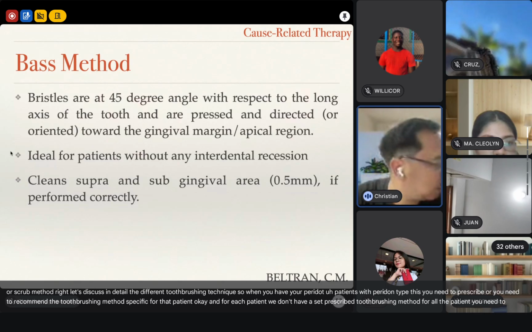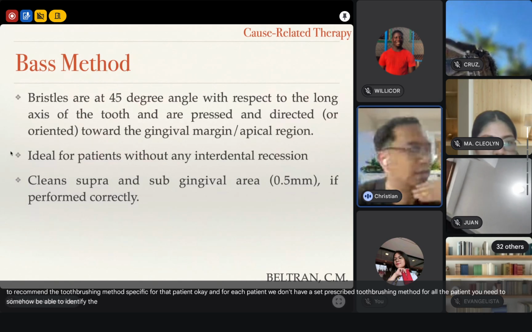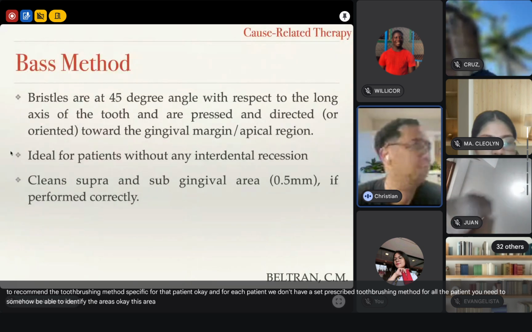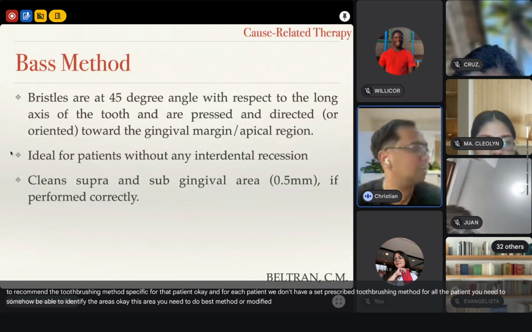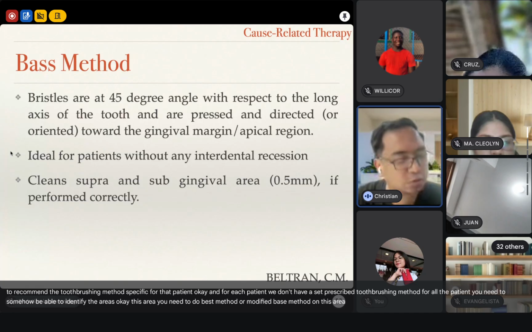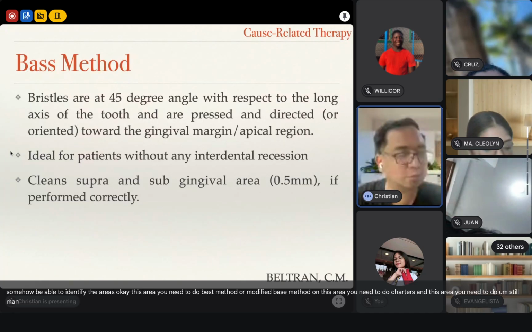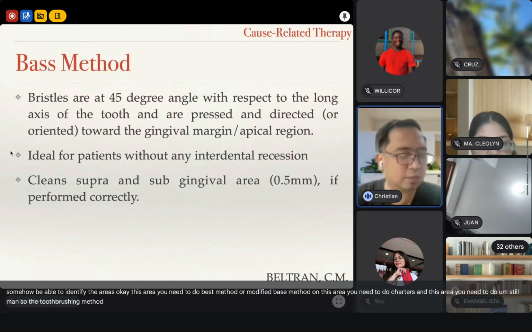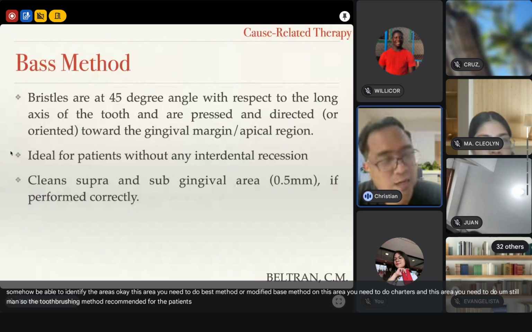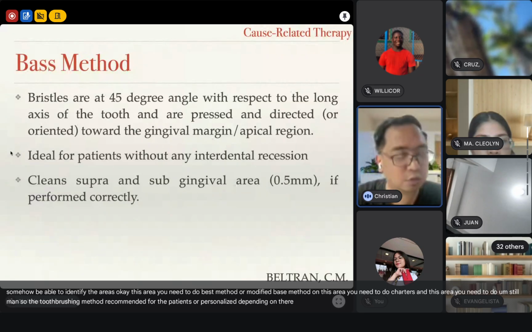You need to somehow be able to identify the areas. This area you need to do BAS method or modified BAS method. On this area, you need to do Charters. On this area, you need to do Stillman. So the toothbrushing method recommended for the patients is personalized depending on their condition.